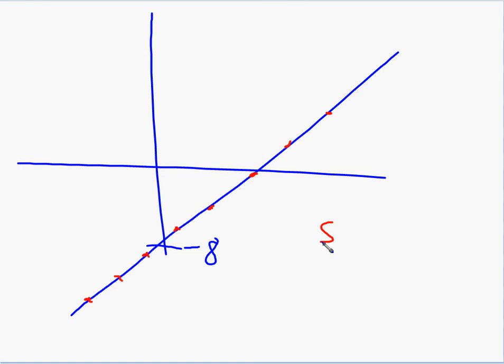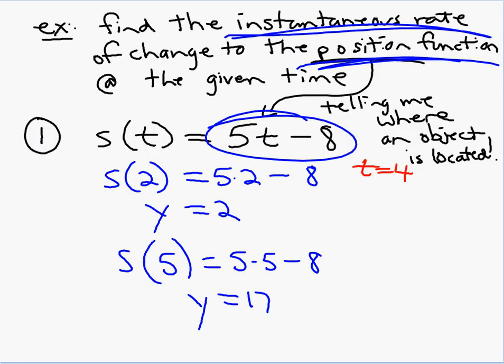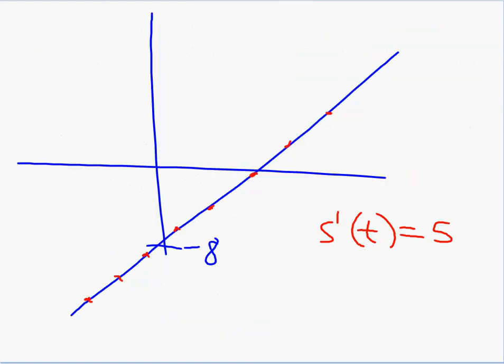You do have a derivative here. S prime of t, we found out, was 5. So weren't we supposed to calculate the instantaneous rate of change at, what did I say, 4? 5. It was at 4. So I need to find s prime of 4, which is still 5.